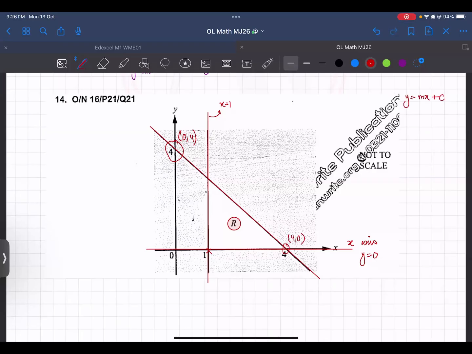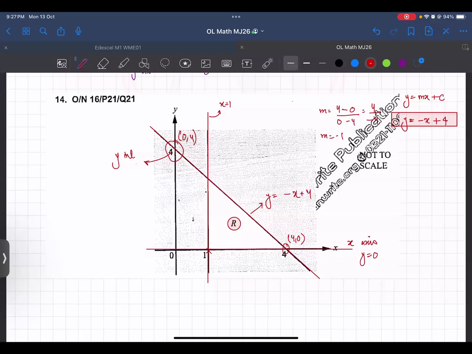You will find the gradient using these two points: y2 minus y1, 4 minus 0, upon 0 minus 4. So 4 upon minus 4, which is minus 1. So y equals minus x, and you can see the y-intercept is 4, so your c is 4. So this is the equation for the slant line: x plus y equals 4.